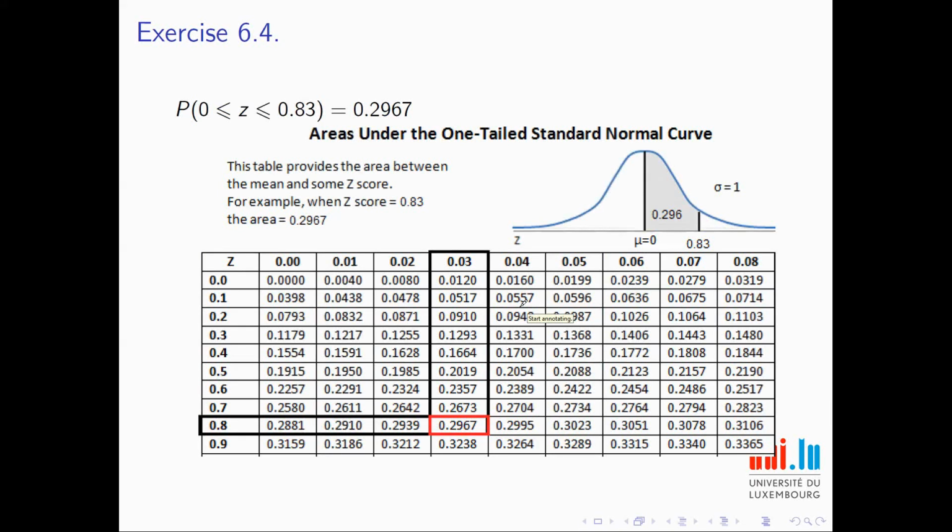Here, for example, I used the one-tailed standard normal distribution table. Please bear in mind, when we use one-tailed, it means that the number indicates the area under the curve between the mean and your quantile. And the quantile in this case is equal to 1.83.